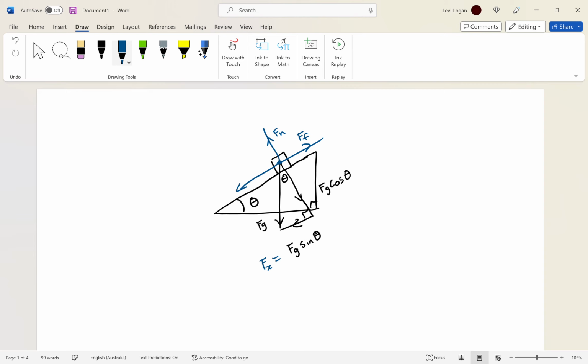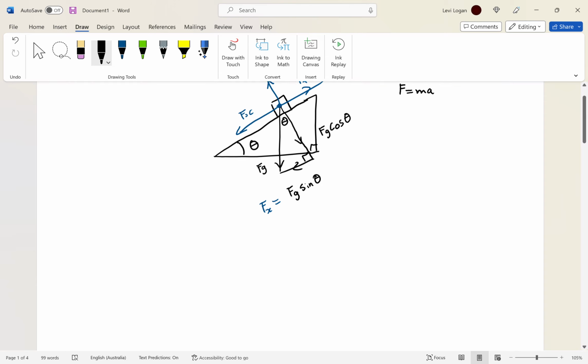So this is basically our diagram of everything that's happening in an incline plane. And of course, the main formula you'll be using for these questions is F equals ma. Force is mass times acceleration. Alright, so let's get straight into a problem to reinforce our understanding of an incline plane.